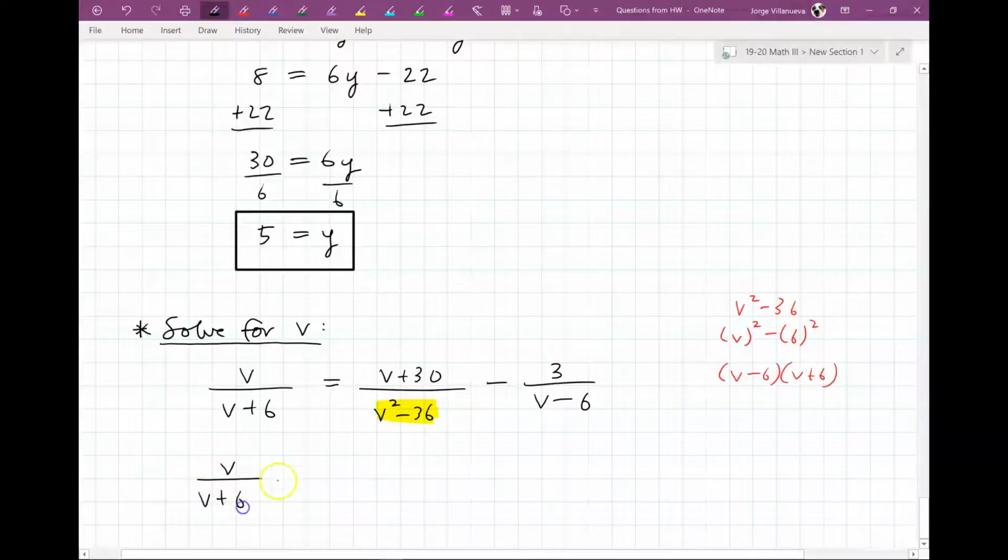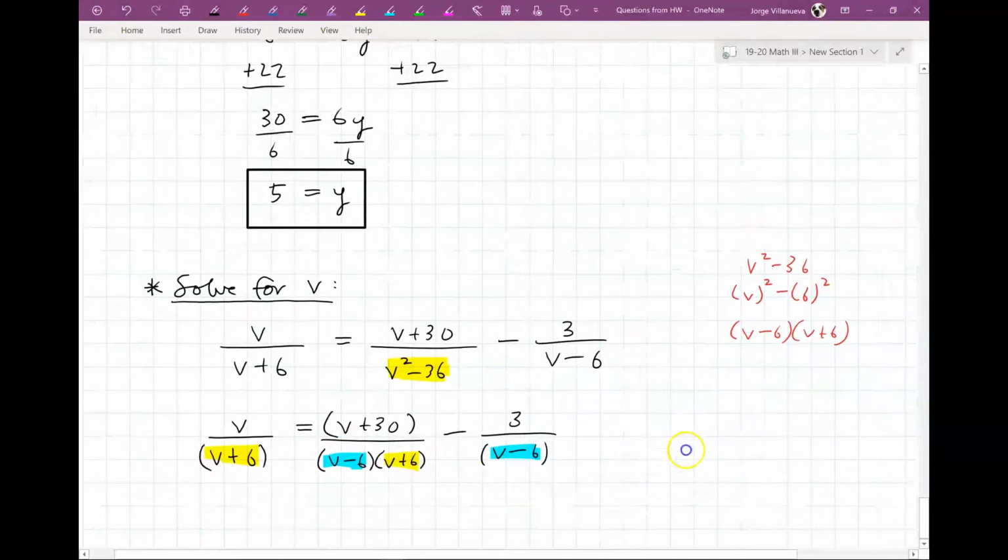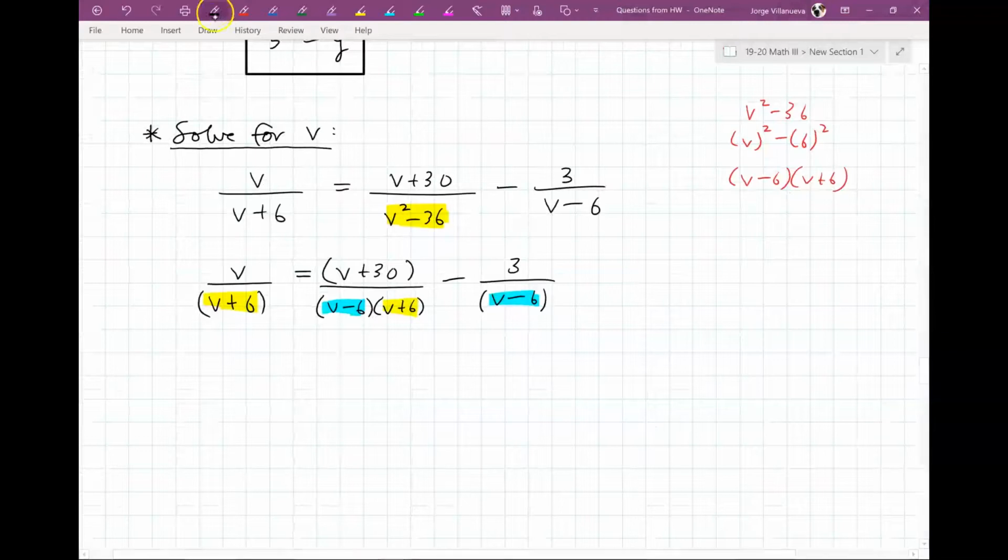So let me rewrite that. V over V plus 6 is equal to V plus 30 over V minus 6, V plus 6, minus 3 over V minus 6. Okay, now notice I have matching parts here, right? The V plus 6's, and then I have the V minus 6's. So those parts match up. So that's what I'm going to multiply by, those denominators.